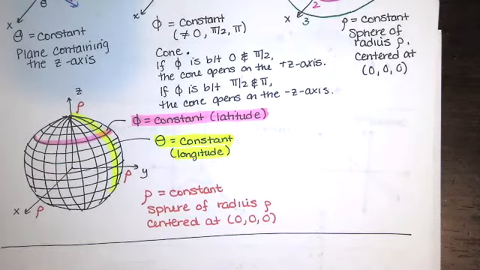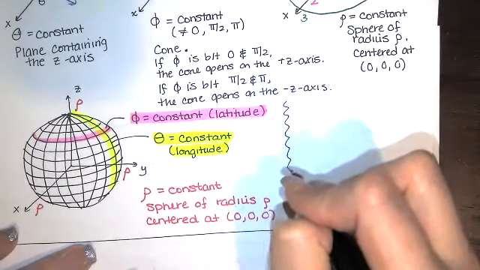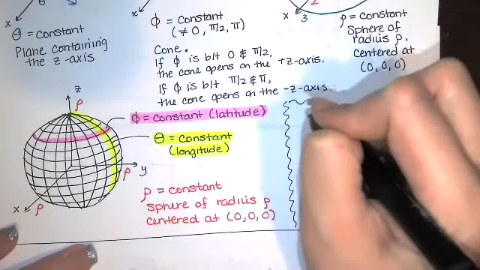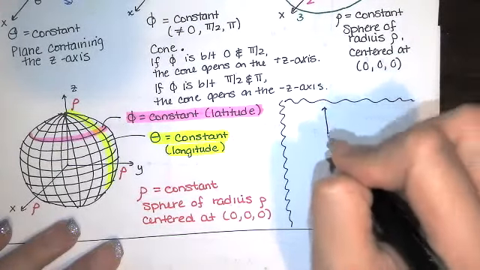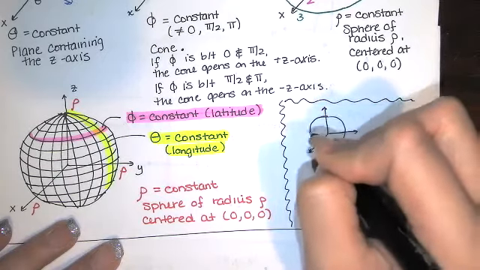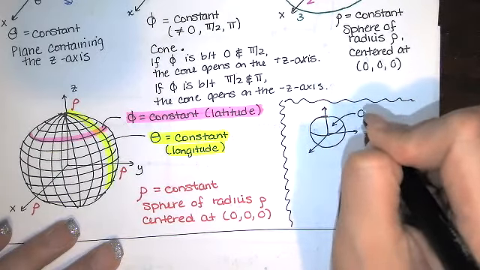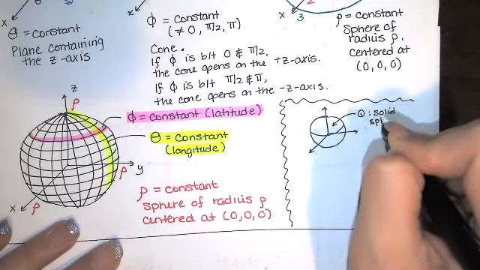So now let's use these ideas to come up with a way for describing parts of a sphere. Let's say I've got a solid sphere of radius 3 centered at the origin. So that's my region Q. It's the interior of that sphere.